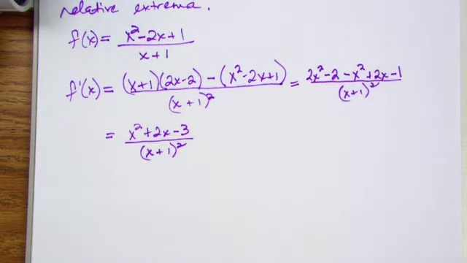Would it be wrong to think, since the trinomial in the numerator is x minus 1 squared, and that negative, you can't change it to x plus 1 squared by chance? No, you can't.